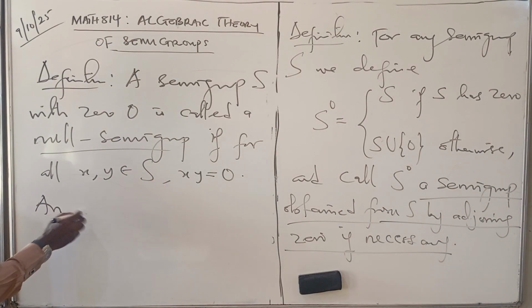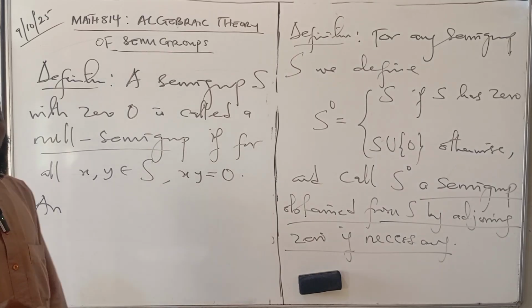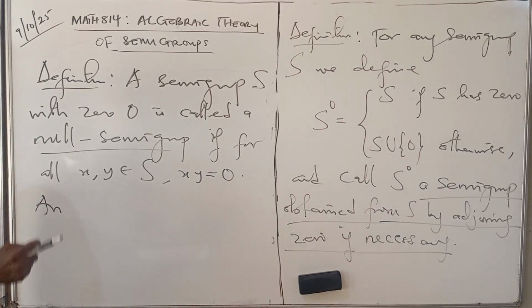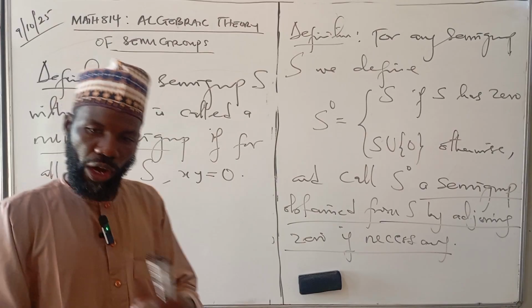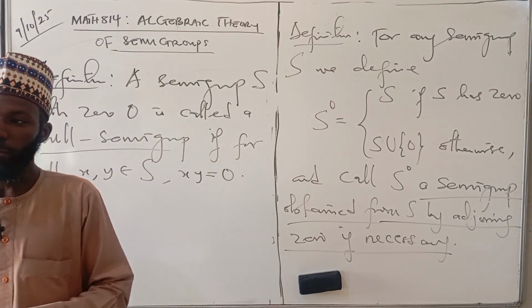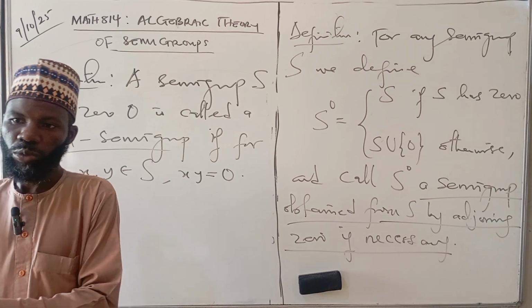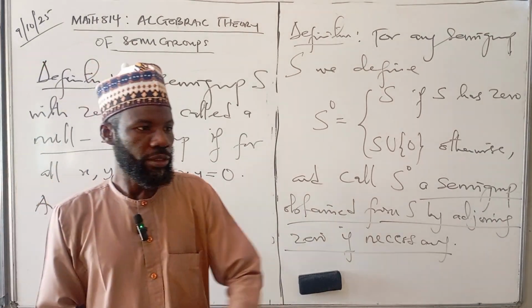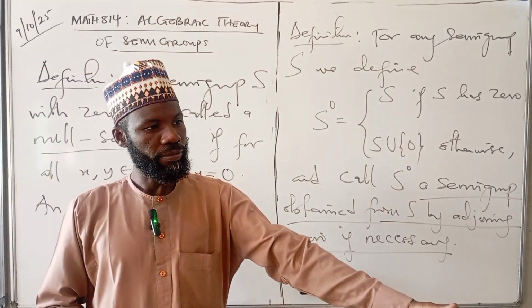And then I can still define an element to be called a left 0, because you can have situations where you don't have a 0 element, but there are left 0 and right 0. That is an element for which anytime you multiply with it from the left, you get the element back.